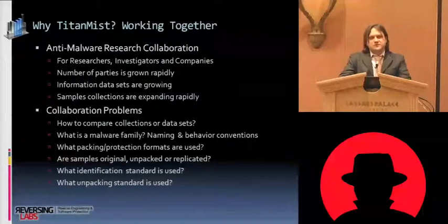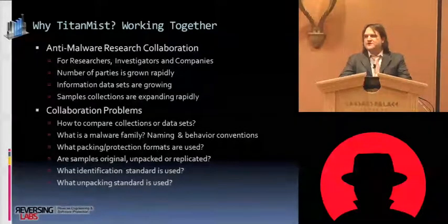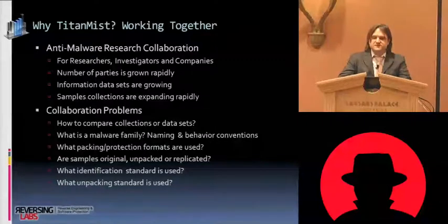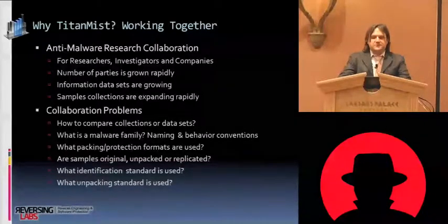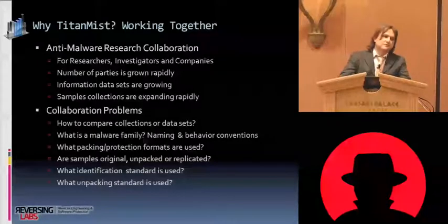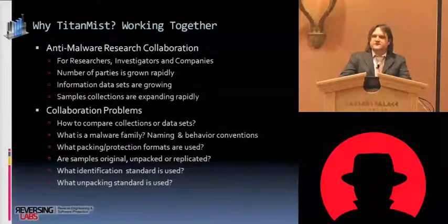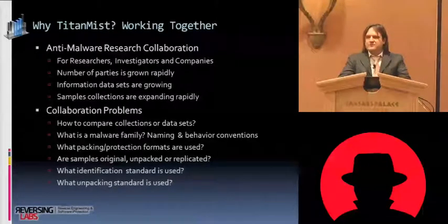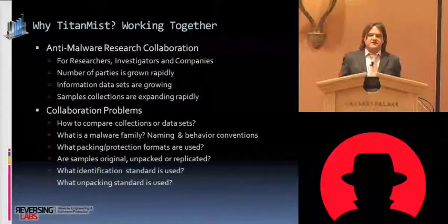But as the number of data sets grows, so do the sample collections that come in with whatever analysis you have made. And with expanding collections come the problems. How do we compare the stuff that I got? If I worked on Stuxnet and another person worked on that, how do we compare the samples and our notes? What are these samples, where did they come from, how do you get a baseline with them?